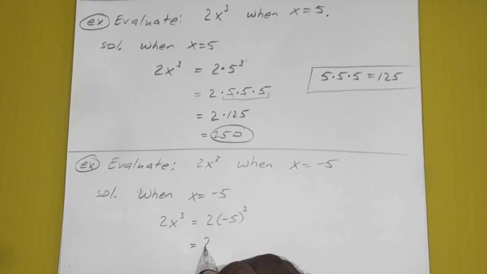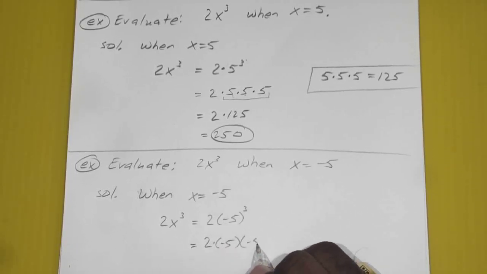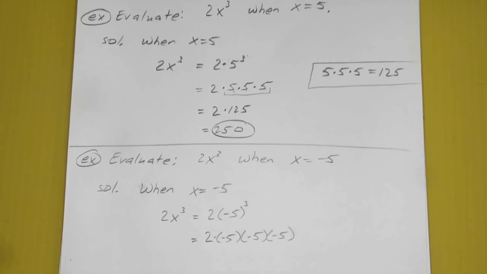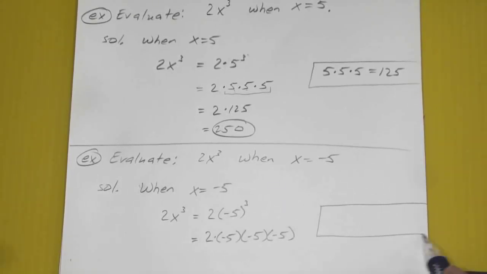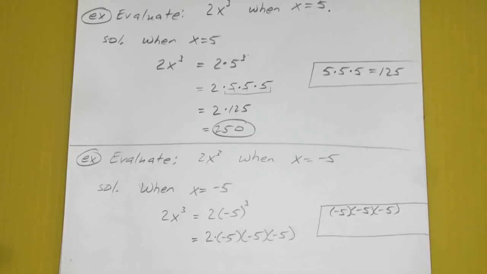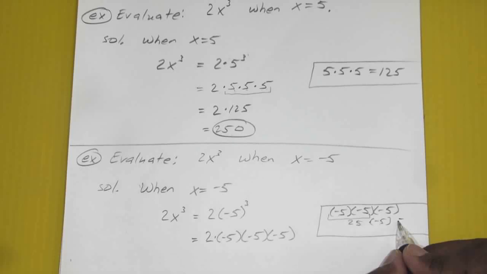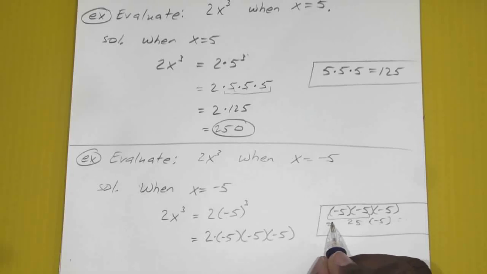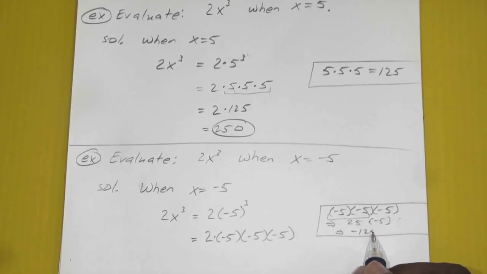Okay, so really that's just 2 times -5 times -5 times -5. That's our -5 to the third power. Remember -5 times -5 is positive 25. So you'd have 25 times -5, which would end up being -125. We'll put that underneath it. So you have -125.